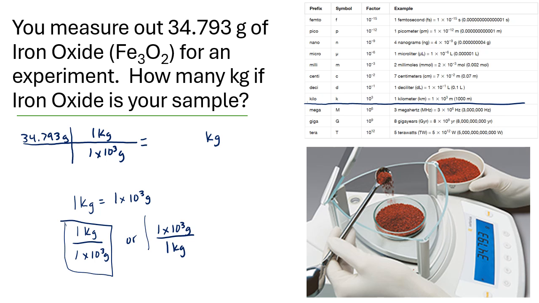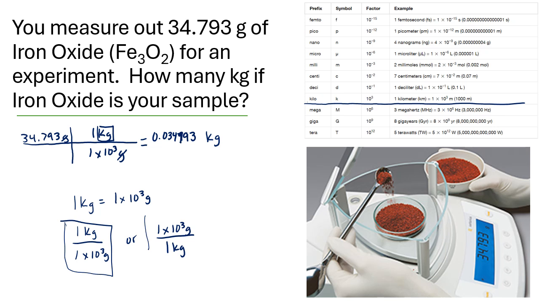The answer the calculator gives me is 0.034793. And the unit we should have, since the grams cancel, is the kilograms. Nothing is there to cancel the kilograms. So 0.034793 kilograms is our answer.